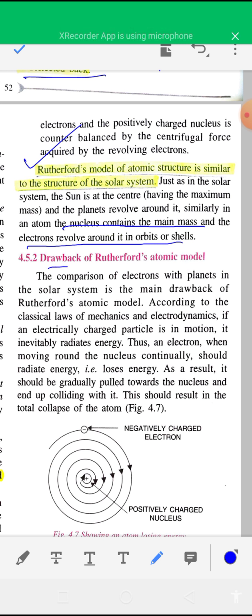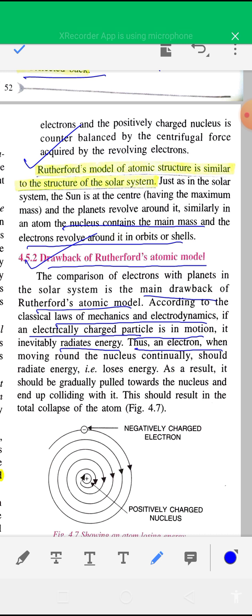Now see the drawback of the Rutherford atomic model. The main drawback is that, according to the classical laws of mechanics and electrodynamics, if an electrically charged particle is in motion, it continuously radiates energy.